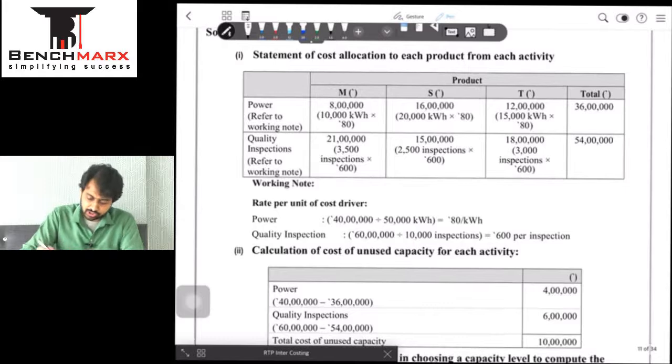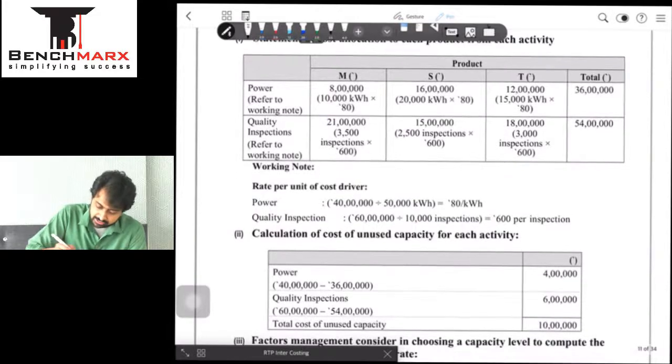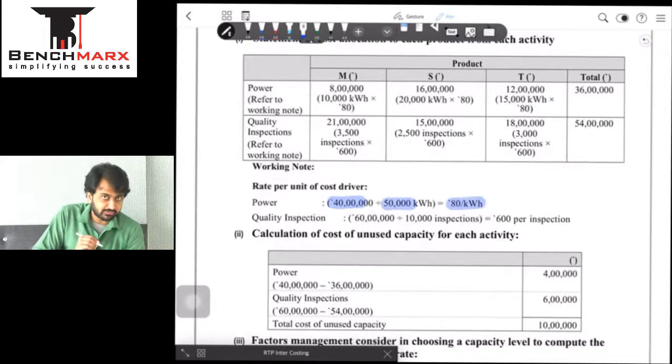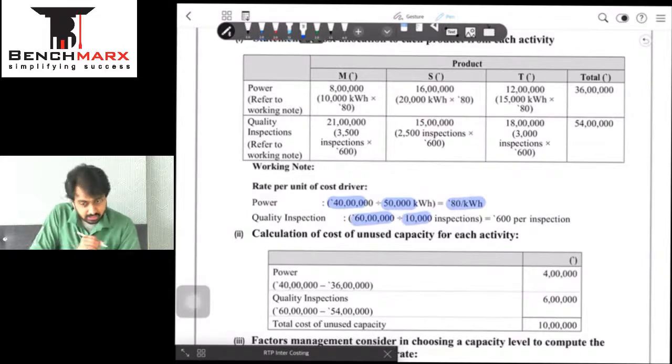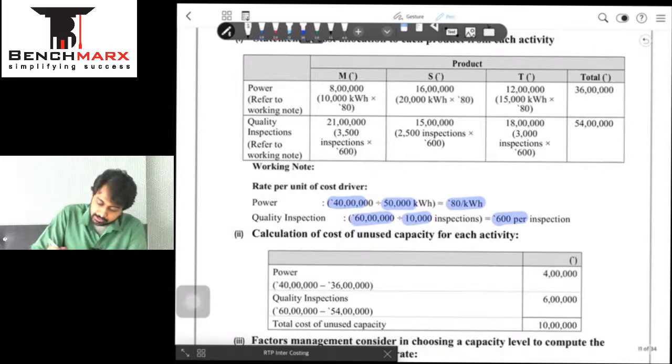So as discussed, what is my cost driver rates? This 40 lakhs is given to us, this 50,000 watts is given to us, and I will get the cost driver rate. Similarly, 60 lakhs is given to us, 10,000 inspections is given to us, and I will get the rate per inspection. This cost driver rates into my respective cost drivers.